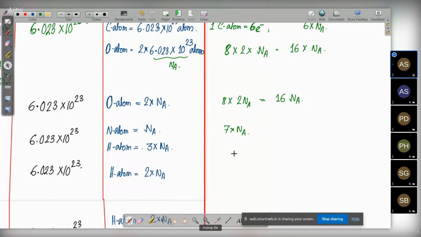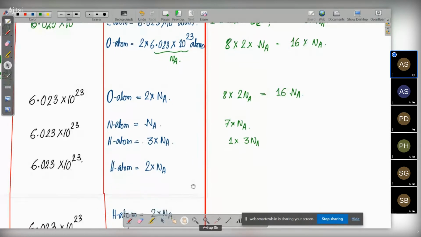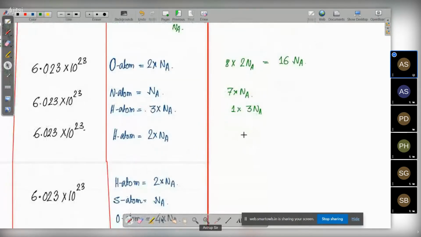One hydrogen atom has 1 electron. The atomic number of hydrogen is 1 only. So this many hydrogen atoms will have 1 into Avogadro number of electrons.